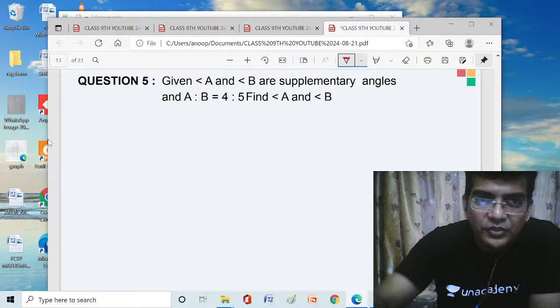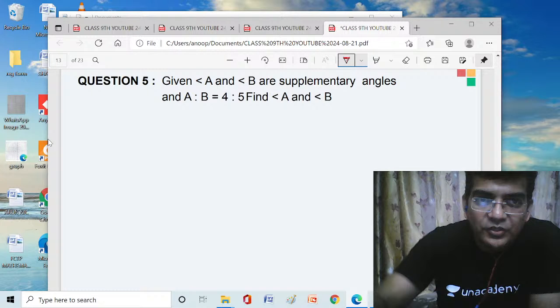Let the ratio constant be k. So wherever you find the ratio, you take a ratio constant. So according to this, I can say A will be 4k and B will be 5k.